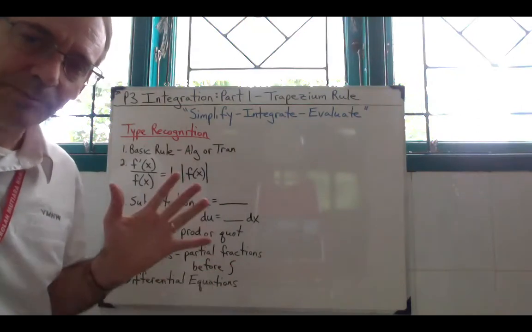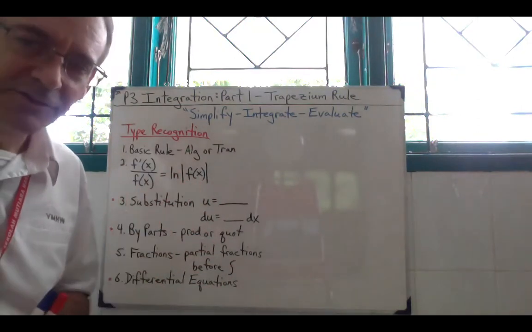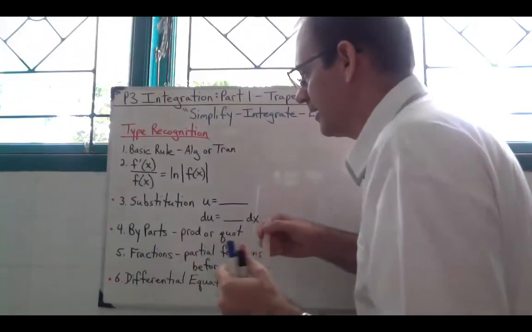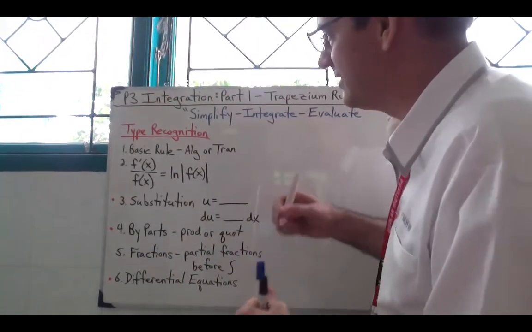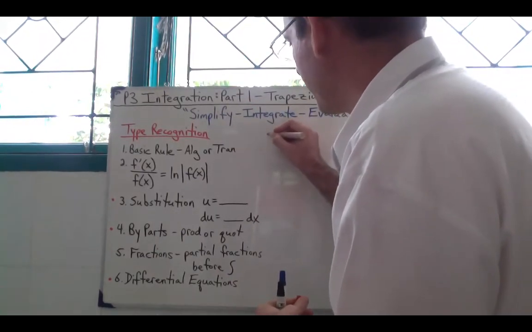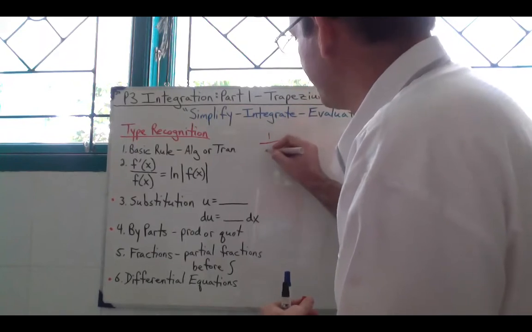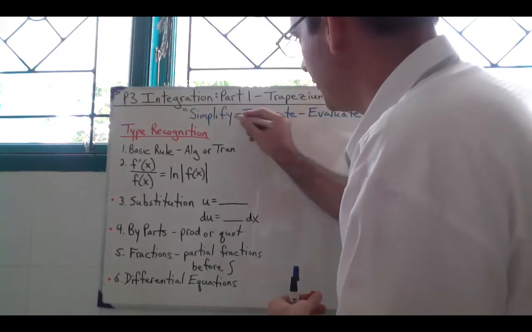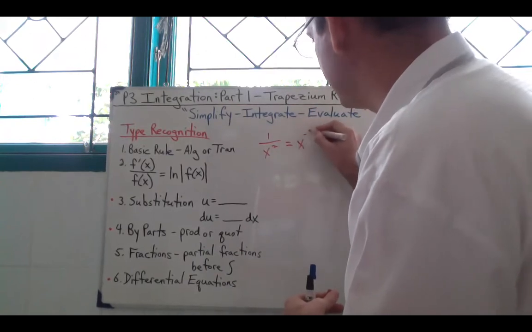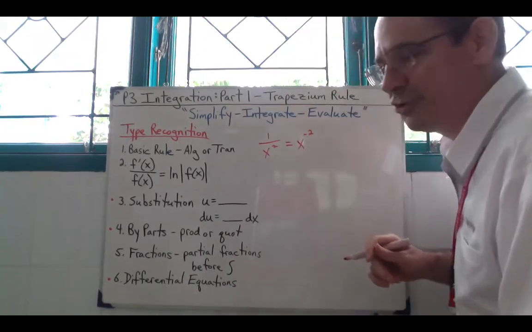Don't forget your basic fundamental integration rules. So it might be something, for example, in a simplify, you might have 1 over x squared. And so for the simplify part, you just might need to bring it up as x to the -2.